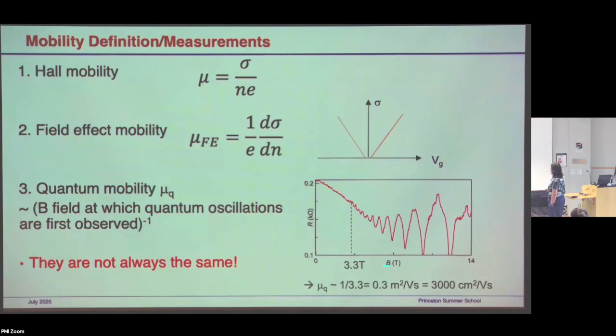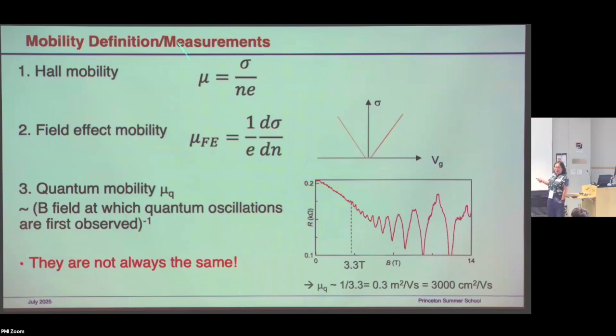So the quantum mobility is 1 over that, which is 0.3 in units of meter square per volt second. But typically, when we say mobility, we use centimeter square per volt second. I don't know why, because it's a larger number, I guess. So I would say this device has a quantum mobility of about 3,000.